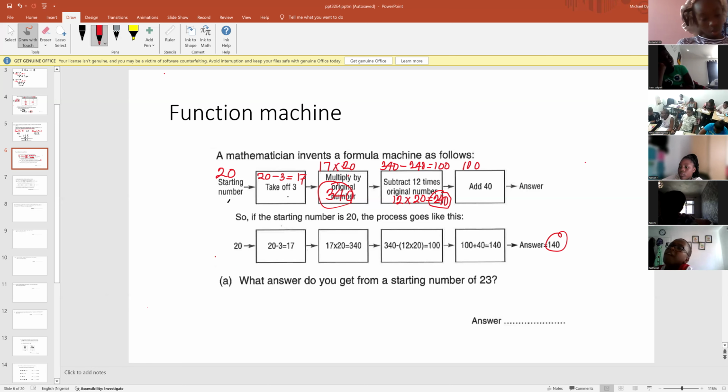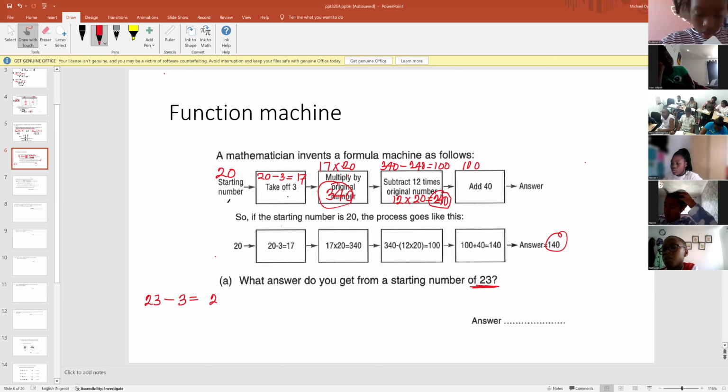Okay, so let's work it out together as a group. The starting number now is 23. So we start with 23, take away 3. It says you should take off 3, and that makes 20. Then next it says we should multiply by the original number.